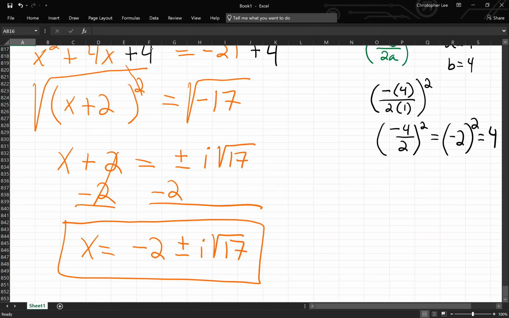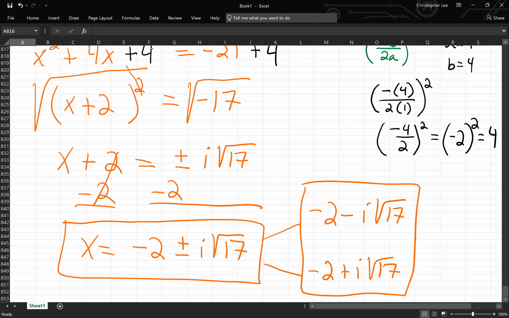You could just give me this and I will take it. But if you want to, you could say negative 2 minus i square root 17 and negative 2 plus i square root 17. I will take these two answers as well. I give you your choice, whichever one you want to do.